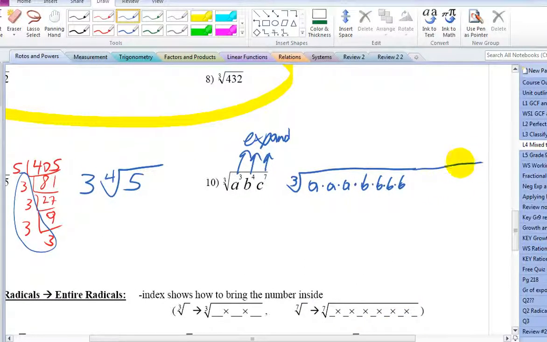How many will there be? 7. Six, 7. Looking for triples.